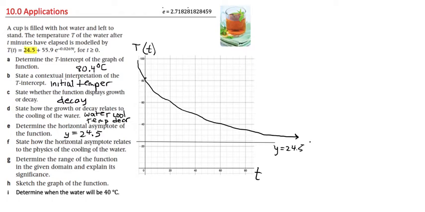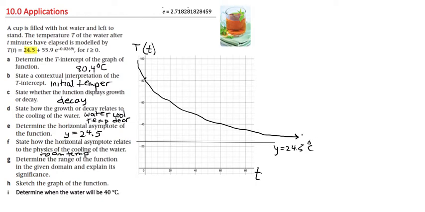So we can say that basically the 24.5 is the room temperature. And once it's cooled as much as it could, then it's not going to cool anymore. That's sort of the real life context of that asymptote, yeah?